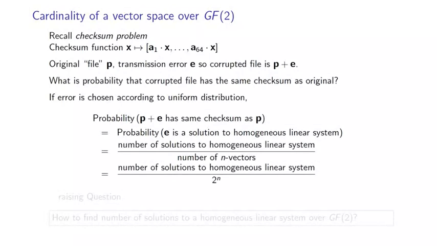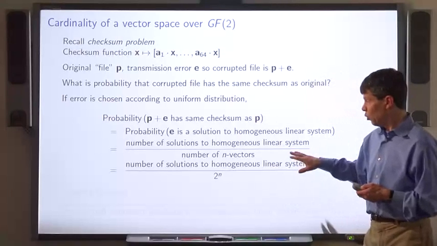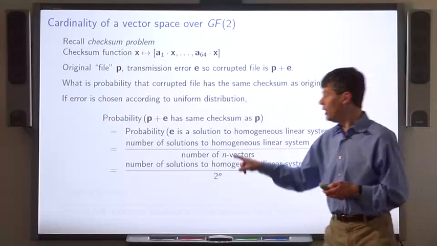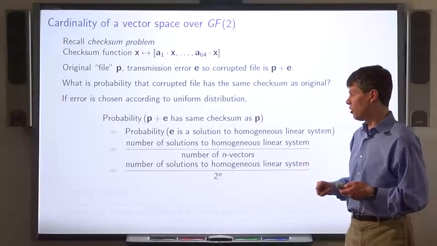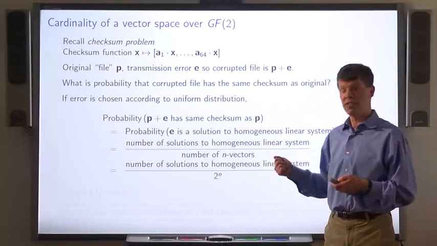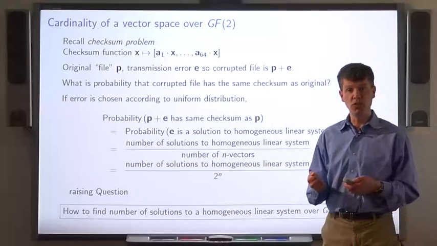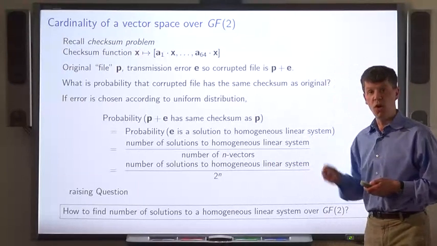Now we know the number of n-vectors is 2 to the n, because there are n entries, each one can be 0 or 1. So in order to find this probability, we need to know the number of solutions to a homogeneous linear system. So this raises the question, how do you find the number of solutions to a homogeneous linear system over GF2?